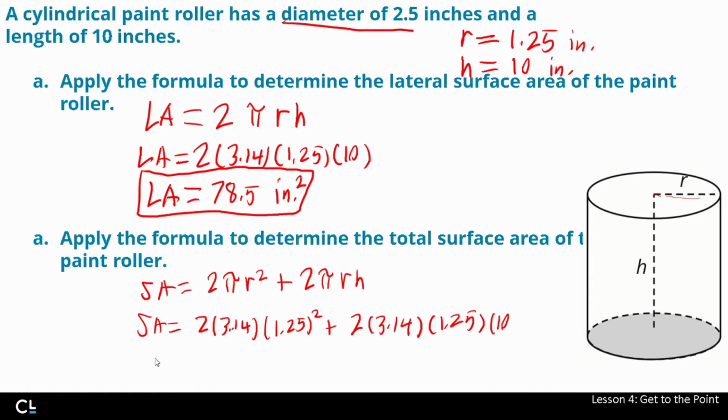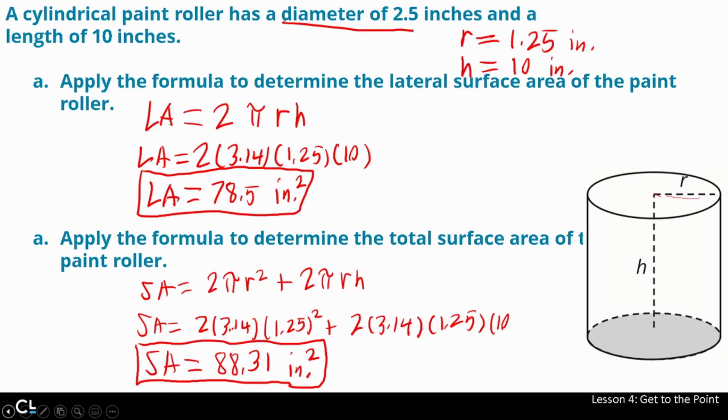So we're going to round that to 88.31. So our total surface area, including the top and the bottom of this paint roller, is going to be 88.31 inches squared. There we go. Nice and easy.